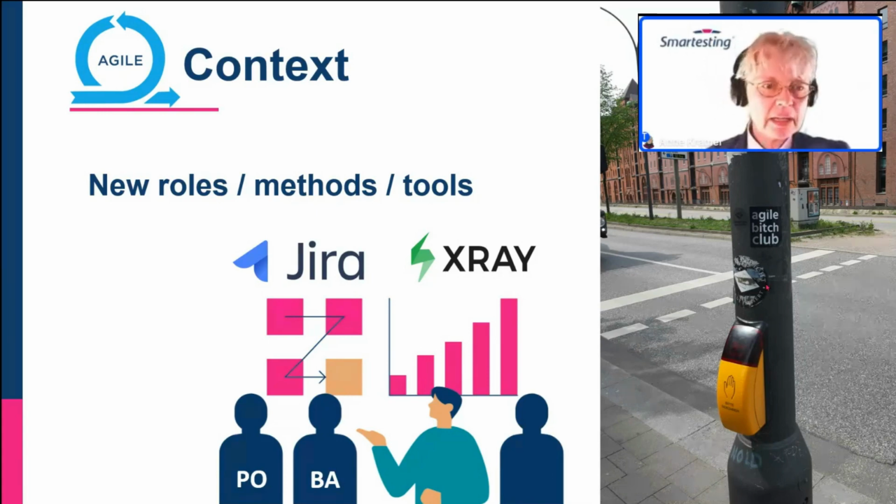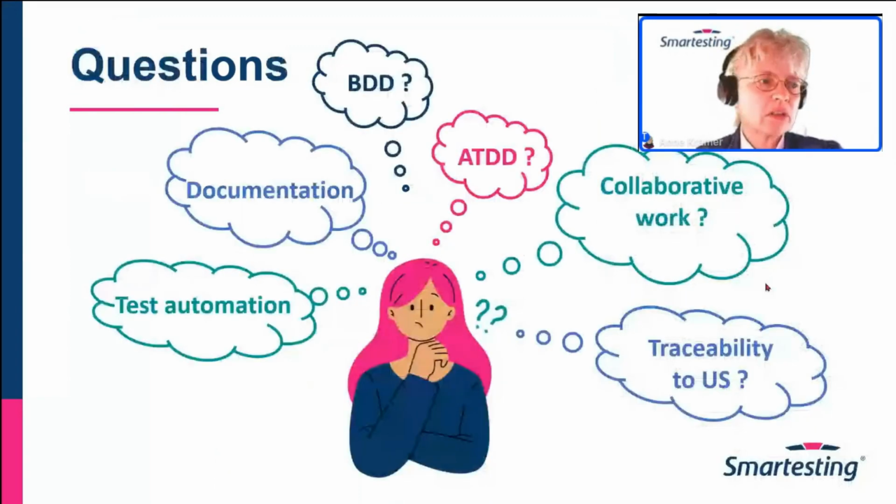But still, even having all that, there are some questions that remain. For example, test automation. Should I automate everything? How do I automate? How do I manage to have automation as soon as possible? How can I reduce the effort I need to spend to maintain my test scripts, especially if I automate from the beginning?